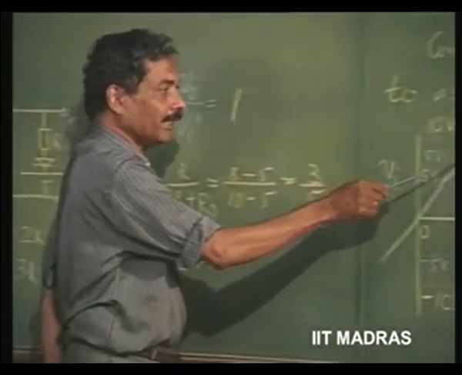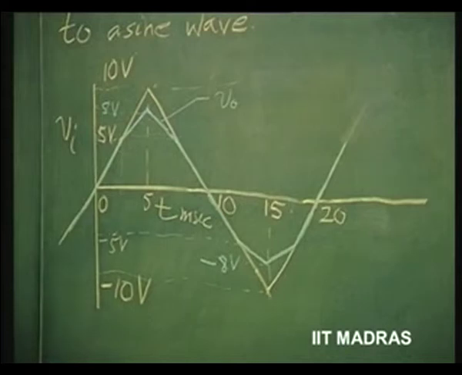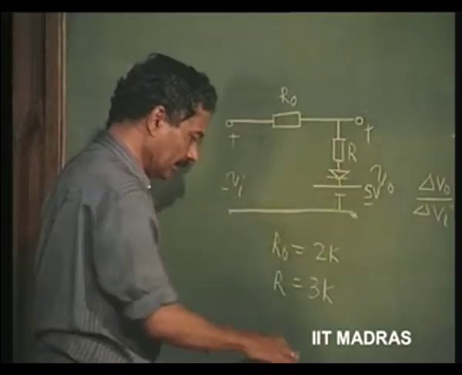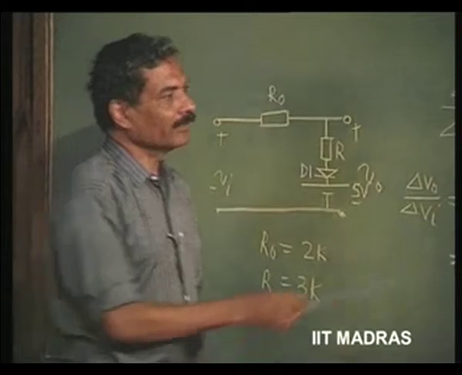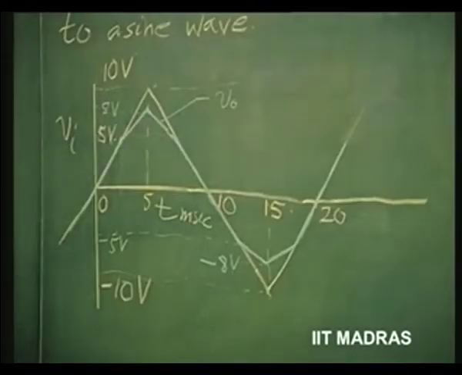On the negative side, when the voltage is decreasing, the same thing is followed, whether it is increasing or decreasing. In this portion of the waveform, diode D1 is conducting, and therefore this slope is brought about.